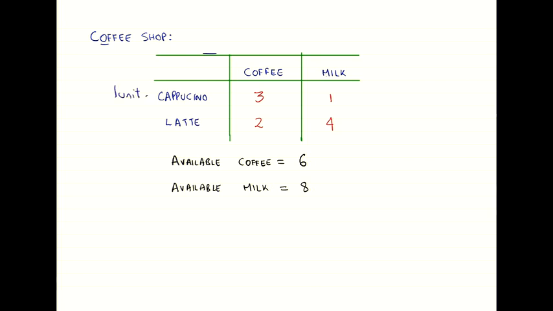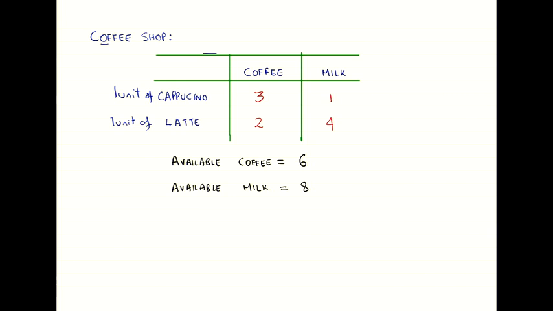To make 1 unit of cappuccino, it takes you 3 units of coffee and 1 unit of milk. And to make 1 unit of latte, it takes you 2 units of coffee and 4 units of milk. That's the situation. And what you have is 6 units of coffee and 8 units of milk with you.